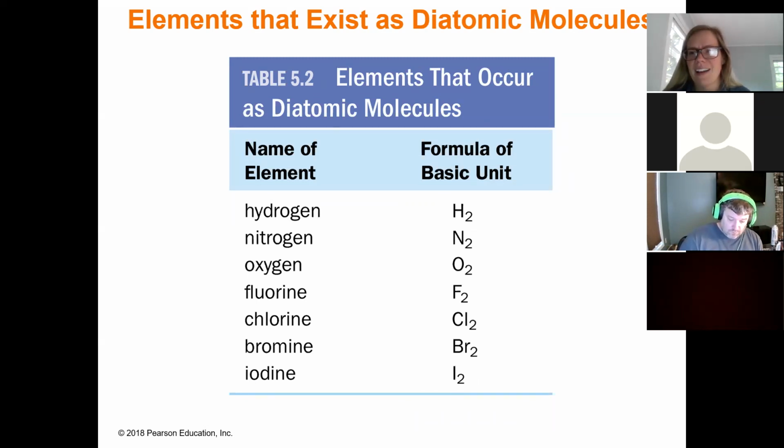Another way that I've heard someone say to remember this: have no fear of ice cold beer, but you have to remember that cold is chlorine, not carbon. Okay? So I think visually it's just easier to know: go hydrogen, jump over to nitrogen, make that upside down L to iodine. If it's not one of those, it's not a diatomic.